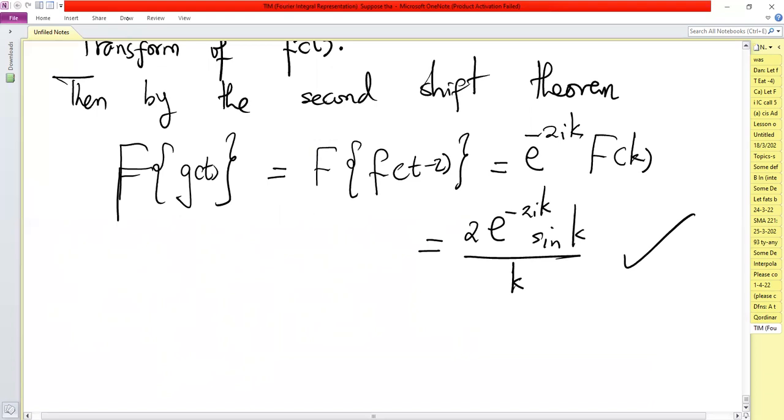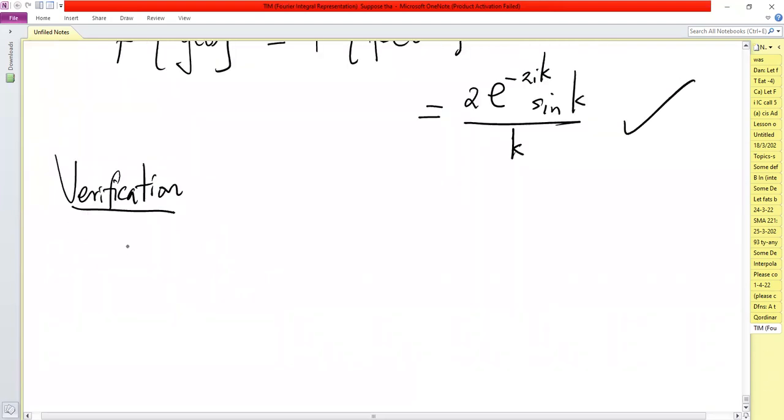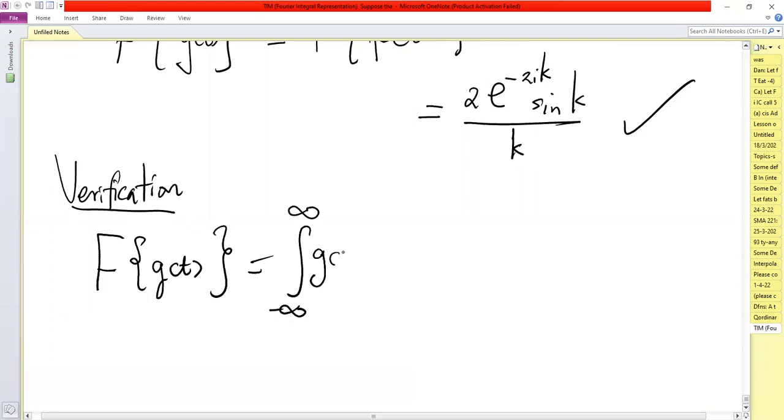But now, if you were to do it without the second shift theorem, then, so verification, we just start from the definition that the Fourier transform of a function g of t will be given by the integral from minus infinity to positive infinity of g of t e raised power negative i k t dt.